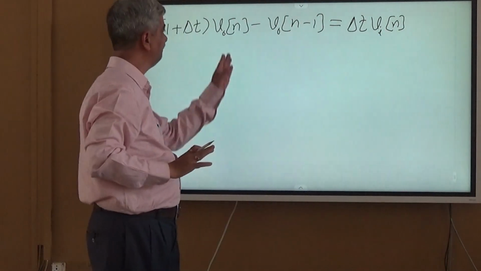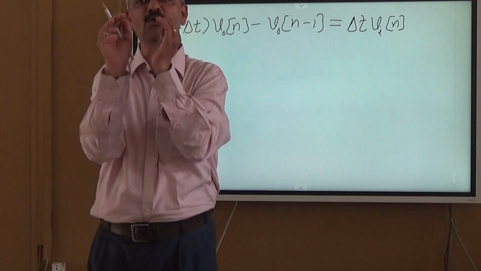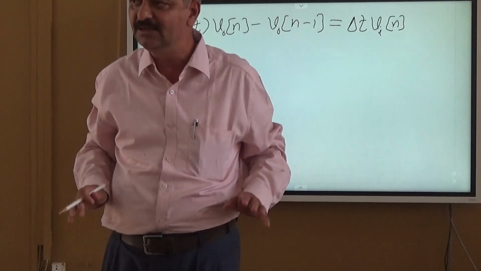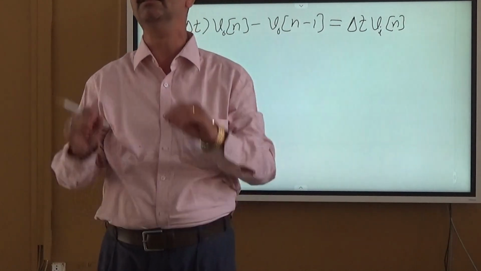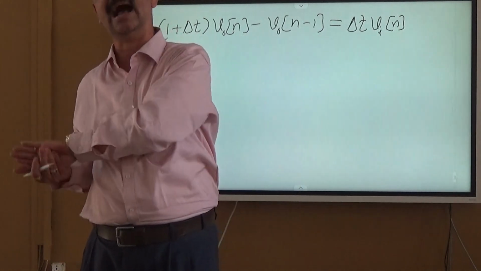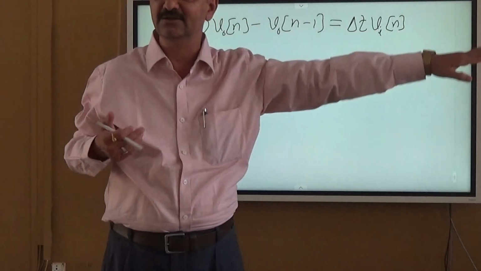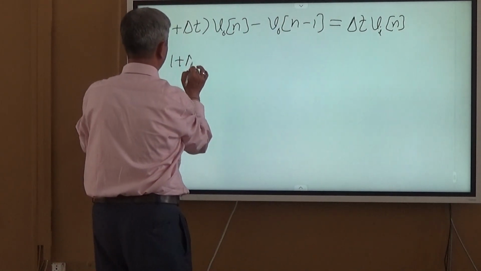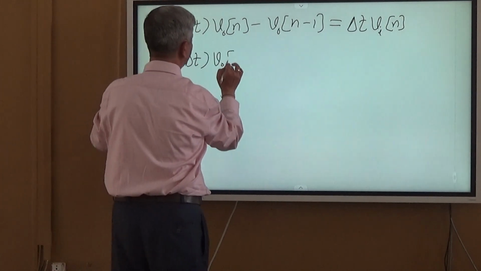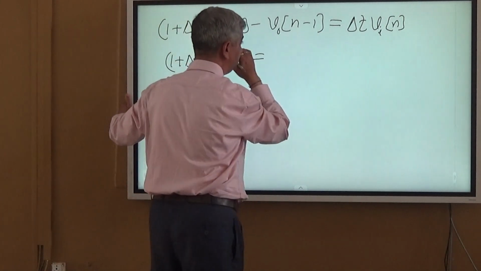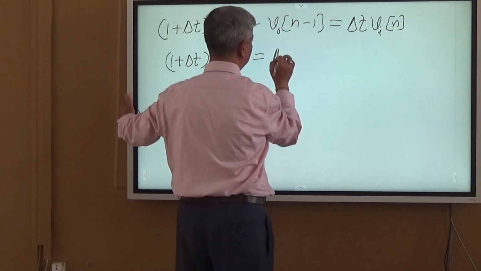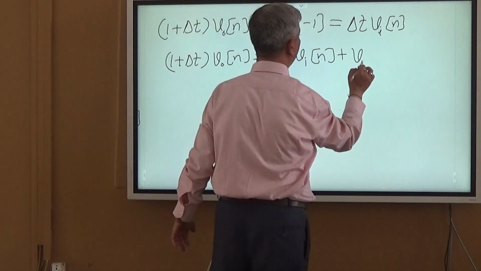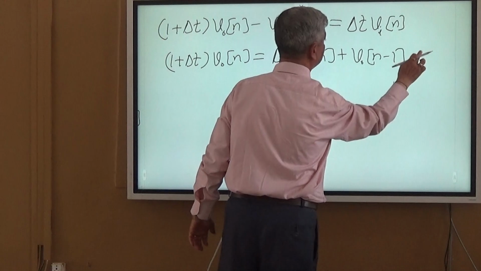Is it right? Now what do we want? We want VO[n], that's all. When we want a solution, what we want to find? VO[n]. So what is to be found must be on the left hand side, and everything other than that must be thrown to the right hand side. So (1 plus delta t) VO[n] is equal to delta t Vin[n] plus VO[n minus 1].